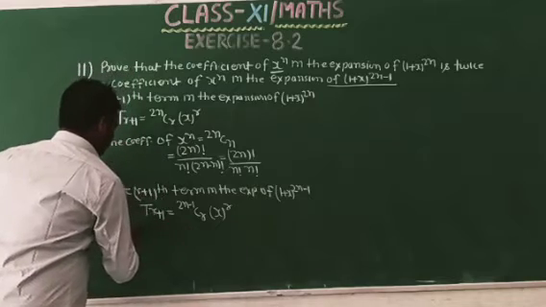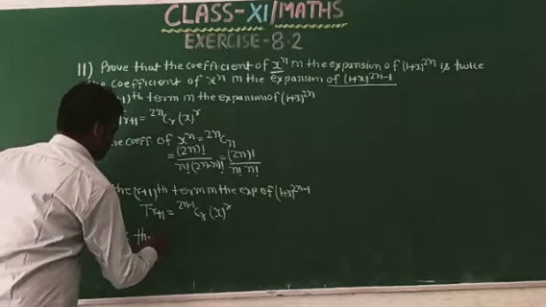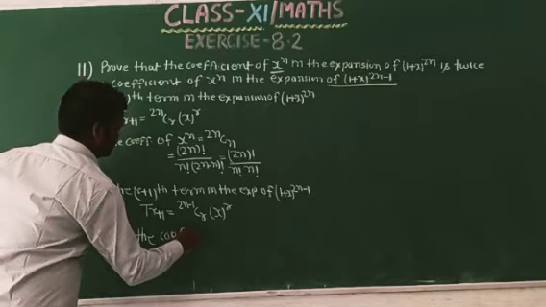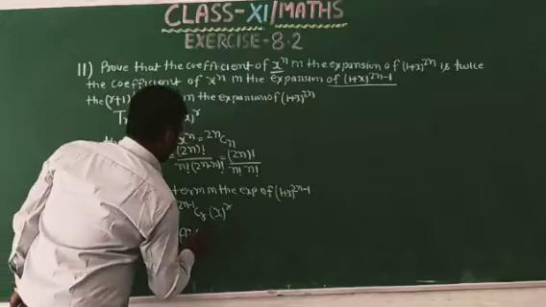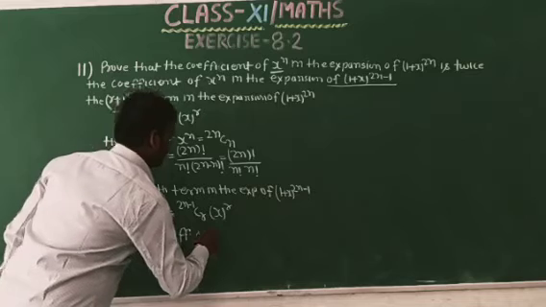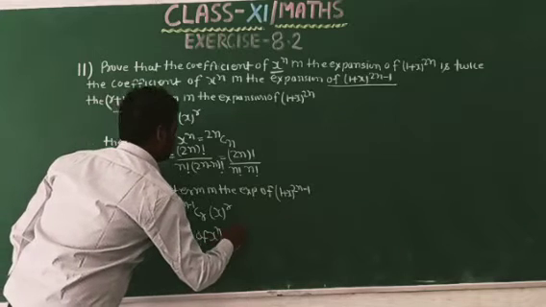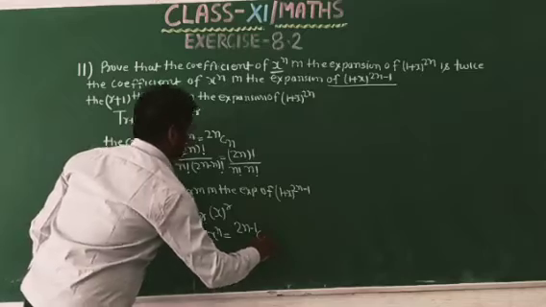Okay, so therefore the coefficient of x to the power n is equal to 2n minus 1 C n.